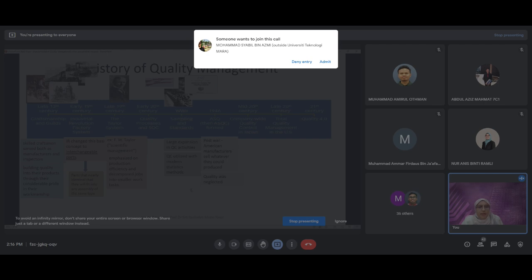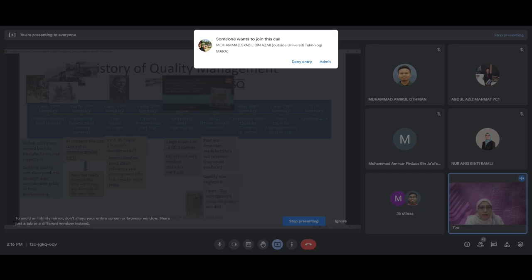This is where the American Society for Quality Control was established, later known as the American Society for Quality. It was established because of the neglect of quality by the manufacturers, to look into the quality of production.